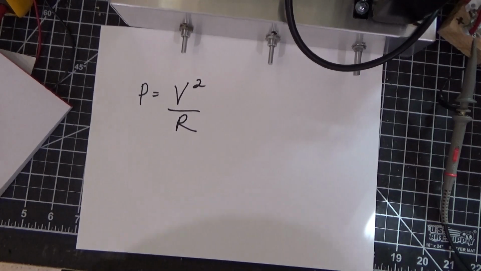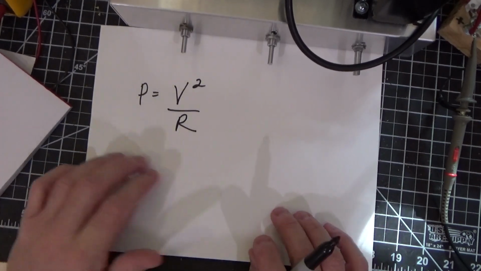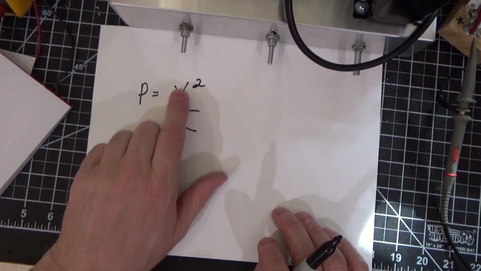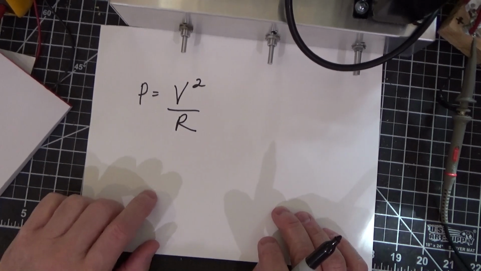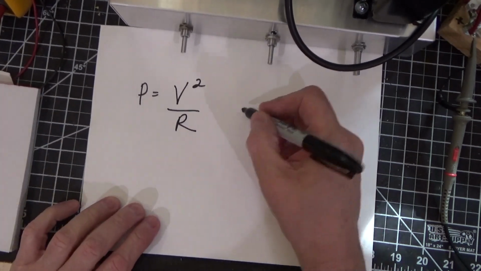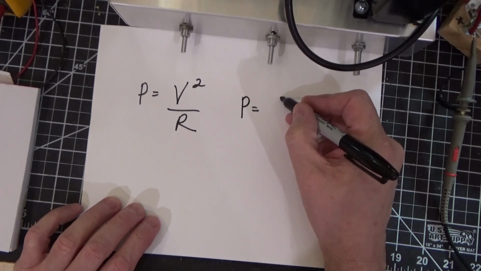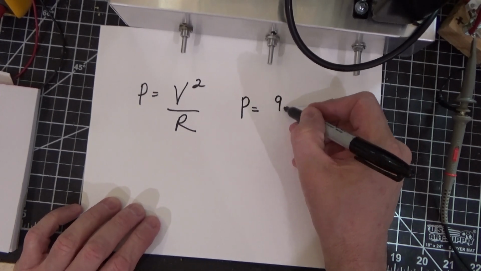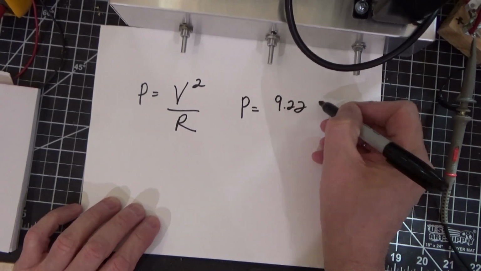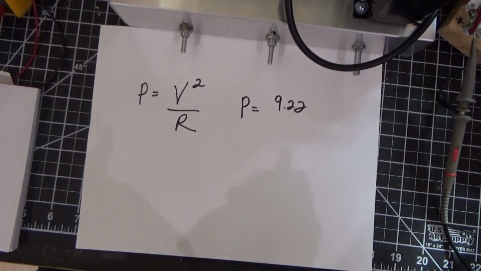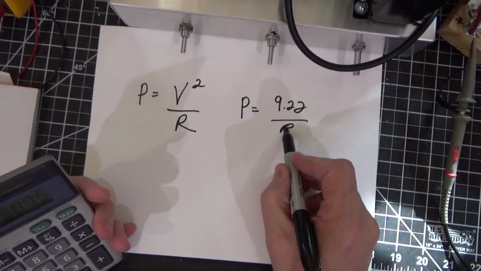Okay, so in order to figure out the RMS output of this amplifier, we're going to use Ohm's law. Power equals voltage squared over resistance. Okay? So let's start. Power equals, and if you remember, the voltage that we measured on our meter was 9.22. And we're going to square it, and that's going to be over the resistance.